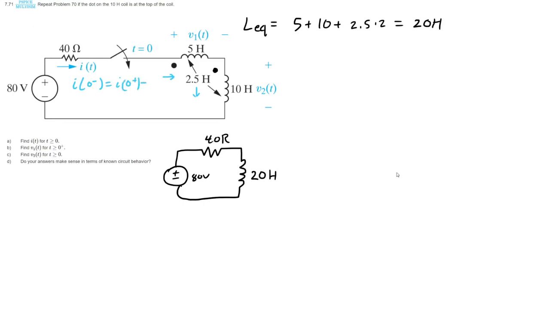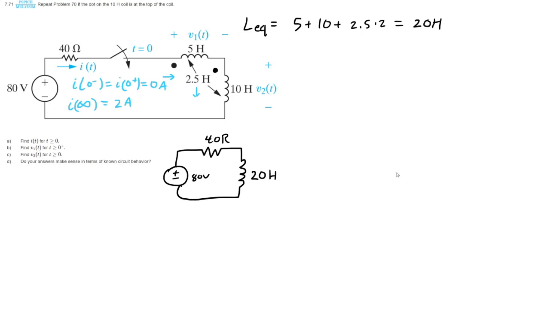Still going to be 0 amps because the current can't change instantaneously. And I(infinity) is going to be Ohm's law, 2 amps. Just like before. So basically the only thing that changes here is our time constant and the way that the voltage is split between the two inductors, which we'll see in a moment.